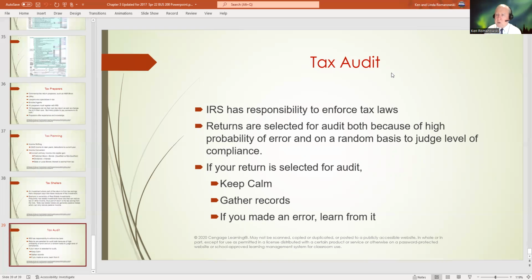But if you're doing this on your own, you have to put on a really good show to the IRS and convince them that you know what you're doing. So if you come in and your records are all disheveled, that's going to count against you. They may not tell you that, but that is indeed the case. You're not helping them feel confident in your ability to do your own taxes.